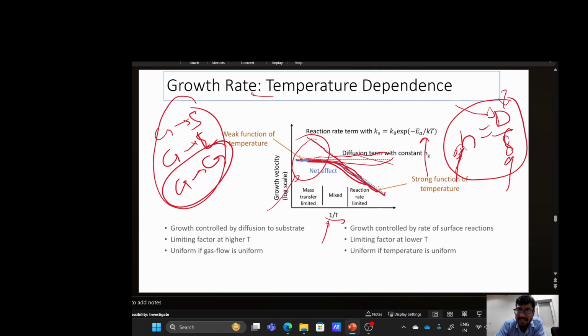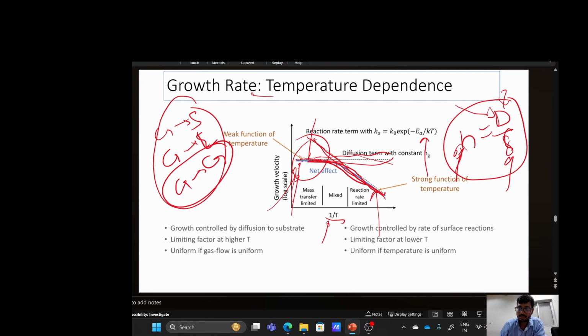At lower temperature regimes, it is reaction rate limited. Reaction is not happening that fast at the lower temperatures, and in this case the reaction is happening much faster, but the diffusion is not happening that much faster, because diffusion is constant throughout the temperature.